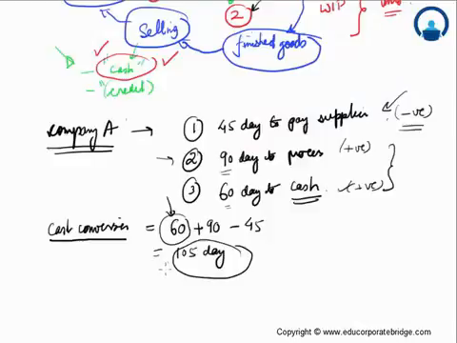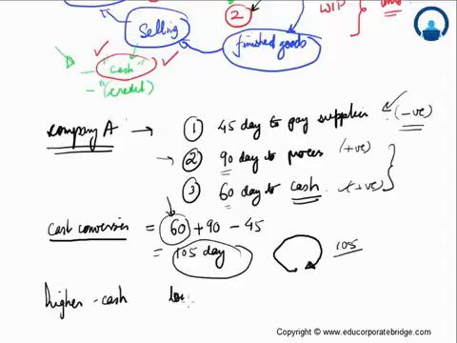This 105 days implies that company A takes almost 105 days from the point of purchasing the raw material, to producing and processing it in the form of inventory, to finally completing the selling process. The whole cycle of generating cash from scratch takes 105 days for the company. So the next question is, is a higher cash conversion cycle desirable or is a lower cash conversion cycle desirable?